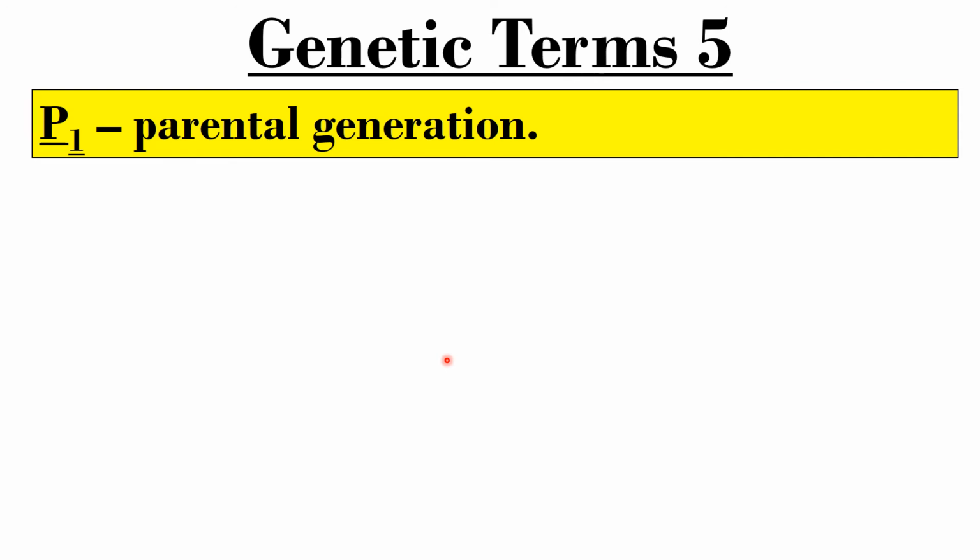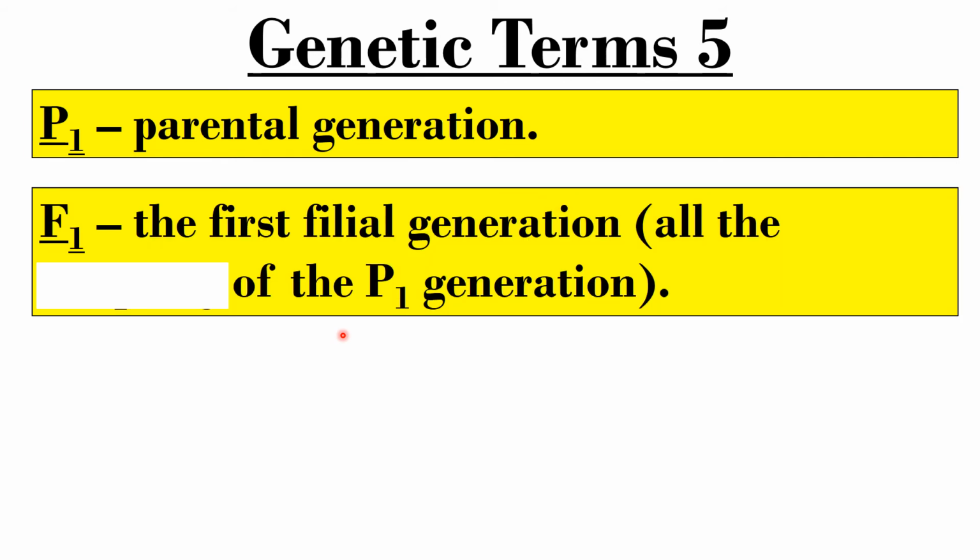A few more genetic terms just to familiarise yourself with before we have a look again at Punnett squares. So P1 is the parental generation. Think back again to the wizards and you had your parental generation, and then the generation below that is called the F1. It is the first filial generation, and that is all the offspring of the P1 generation.